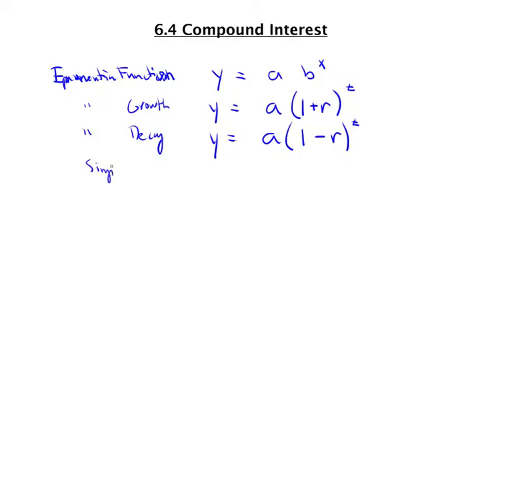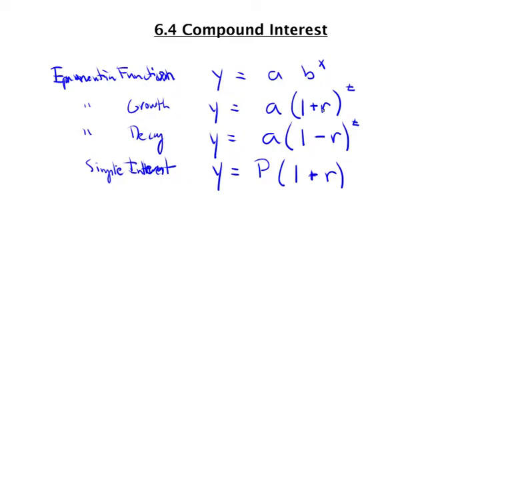And then we had simple interest. And that was y equals the p, principal, which is basically the same as a, and it was a growth, because when you do interest, it's a growth.